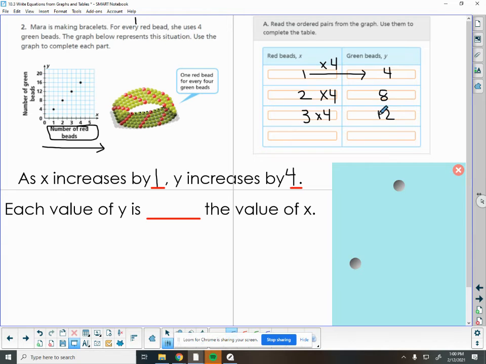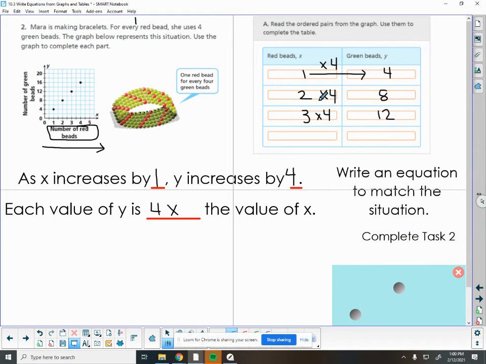So 3 red, 12 green. It's following the same pattern. So Y is 4 times the value of X, or I could say that red, going backwards, is 1/4. Now we want to write this equation. What pattern were we following? What did we do every time? We multiplied by 4.